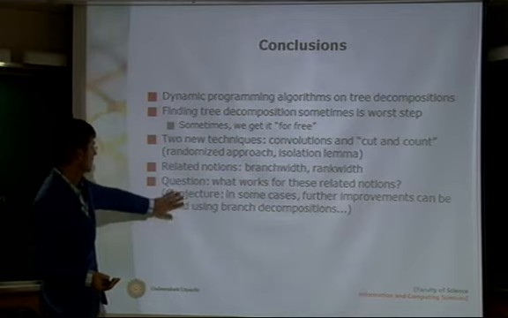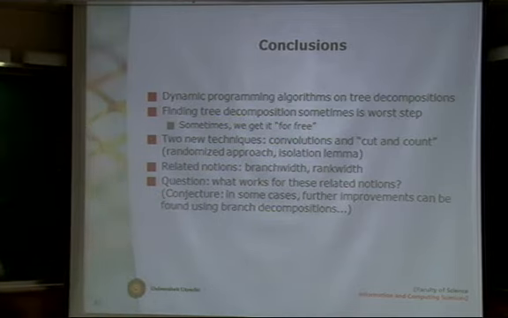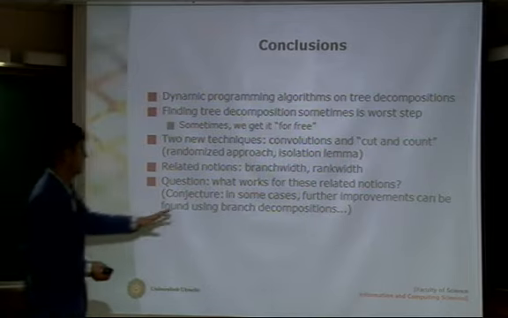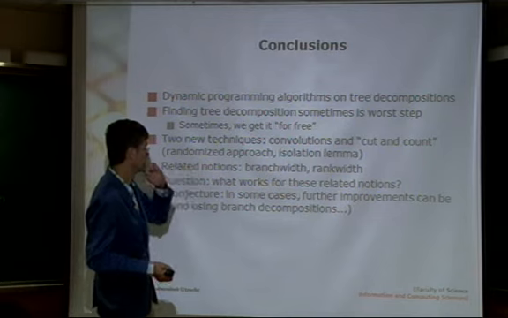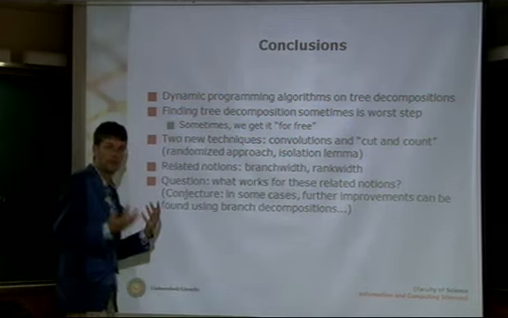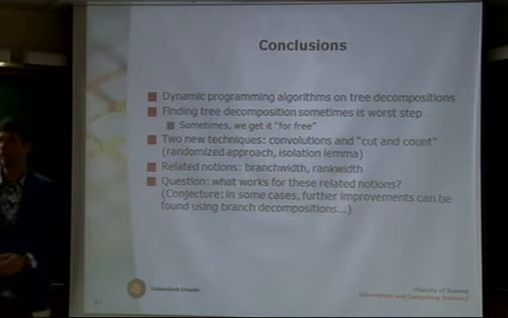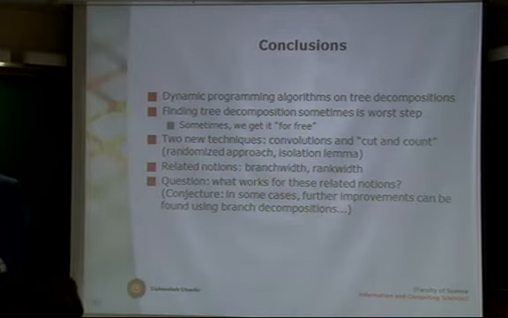So this is one question, for instance, like Hamiltonian Circuit: can you speed that up using branch decompositions instead of tree decompositions? Also notions like clique width or rank width might be interesting to see what you can achieve by using the cut and count technique. Okay, so that was what I wanted to say. Thank you for listening.